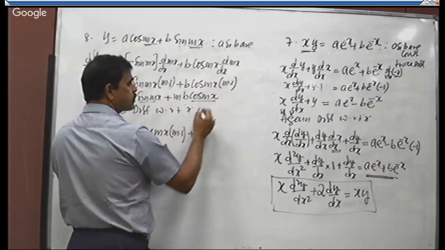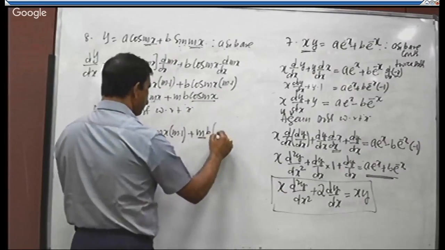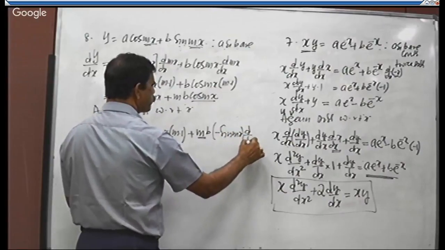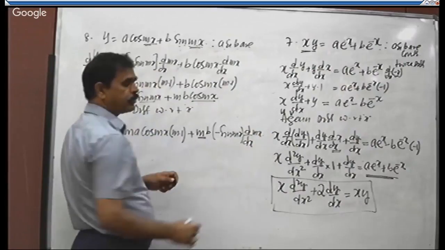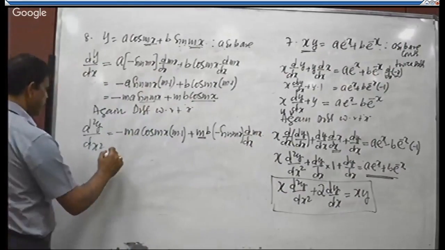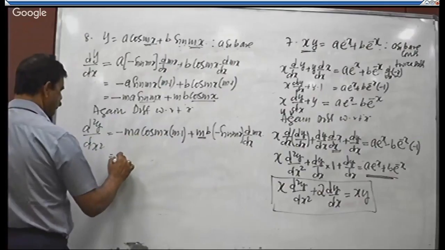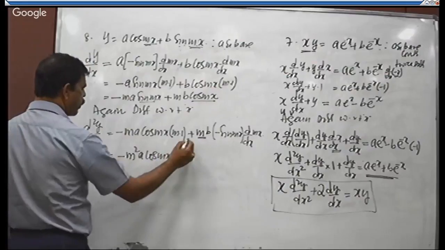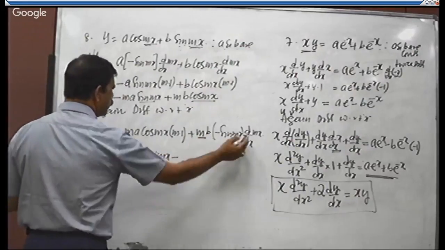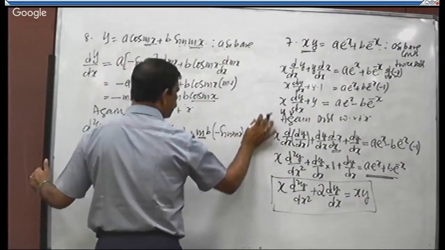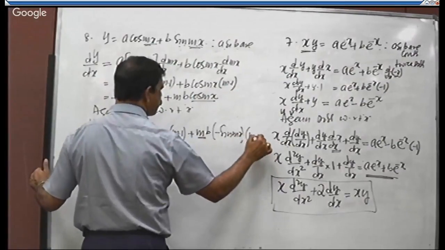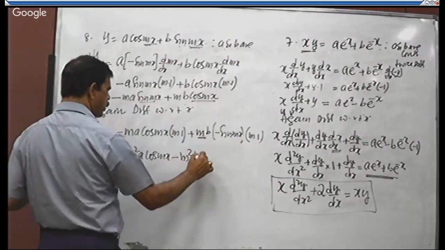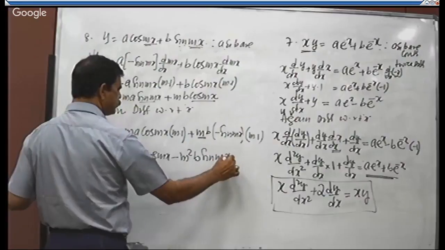Differentiation of cos function, it is minus sine function into d by dx of the function, right? That is equal to m into m square. It is minus m square a into cos mx plus minus m into m. Here also you can write directly the derivative of mx is m into 1, right? M into m square b into sin mx.